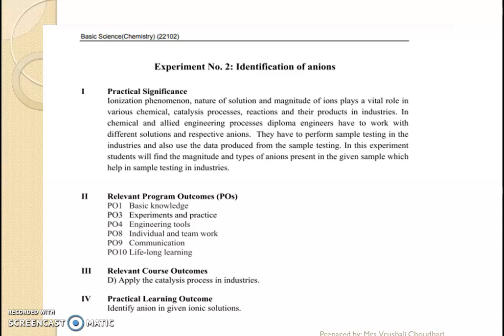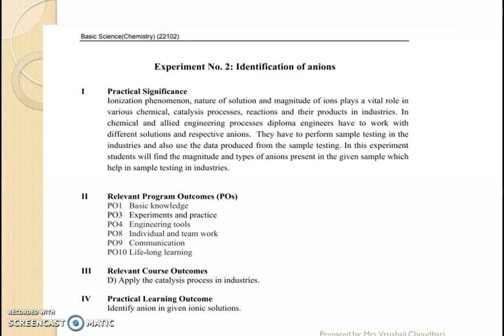Experiment number 2, identification of anions. Anions are obtained by ionization. When any salt solution is dissolved in water, it is divided into two types, anions and cations. In the first experiment, we determined the cations. In today's experiment, we are going to determine the anions present in a solution.